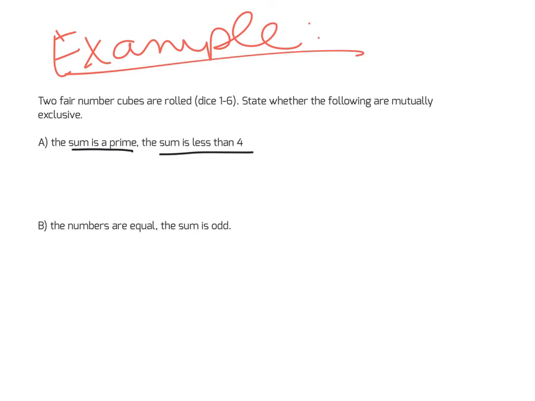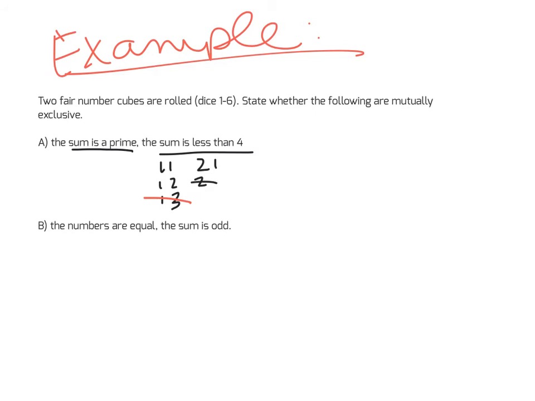Well, if we think about 2 dice, we can get a 1, 1, a 1, 2, a 1, 3. We're already up to a sum that is over a sum less than 4, so we're just going to cross that one out. We can also have a 2, 1, a 2, 2 is over as well.